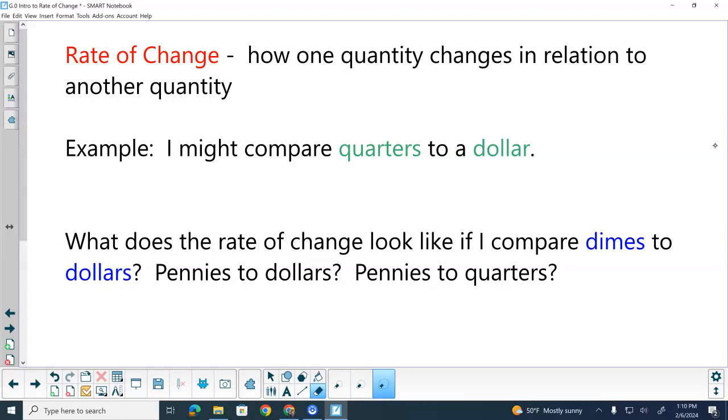I might compare quarters to a dollar. How many quarters are in a dollar? There's 4 quarters in $1. So the comparison there would be 4 quarters per $1.